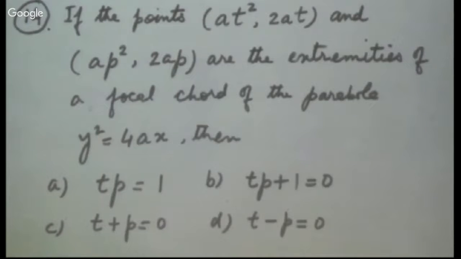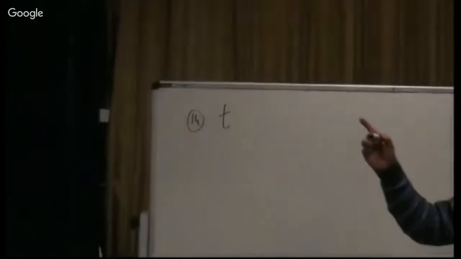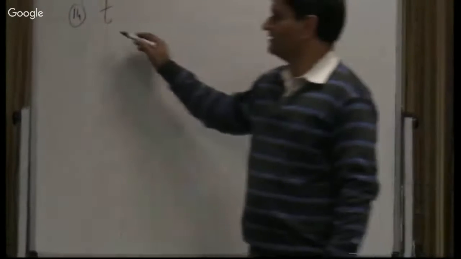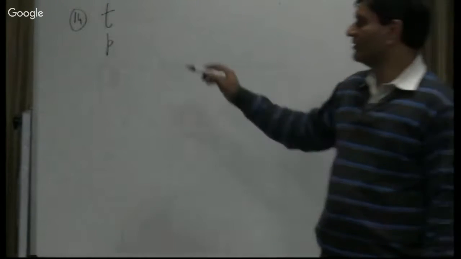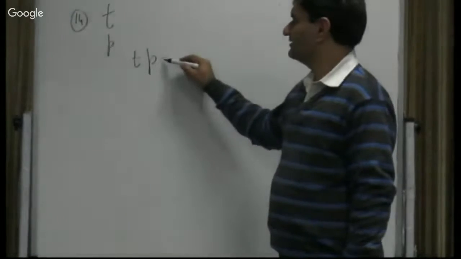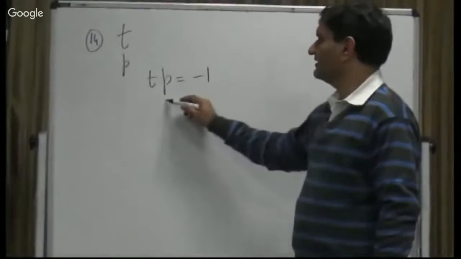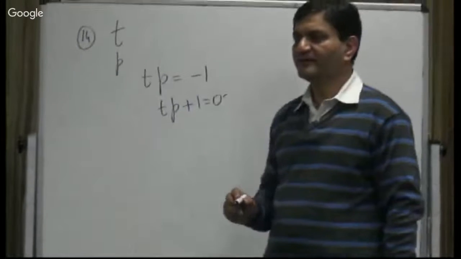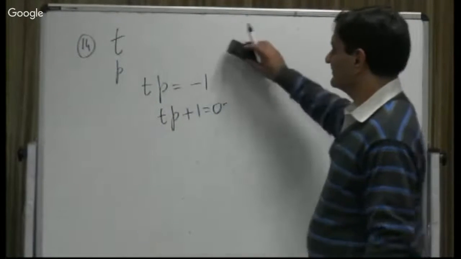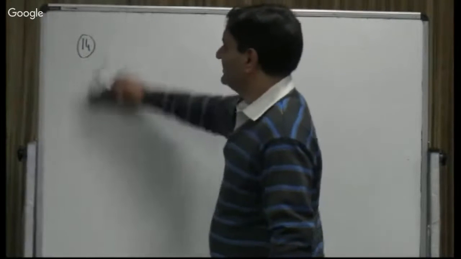No calculations are needed in this. One of the point is at square, 2at. So the parameter is t. And for the other point, the parameter is p. So what is t into p? So what is the correct answer? tp plus 1 equal to 0. Is that clear to you? So the right option is B.